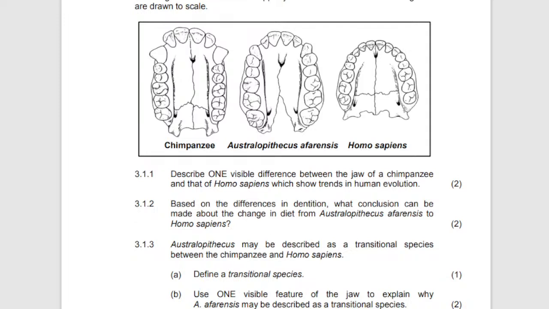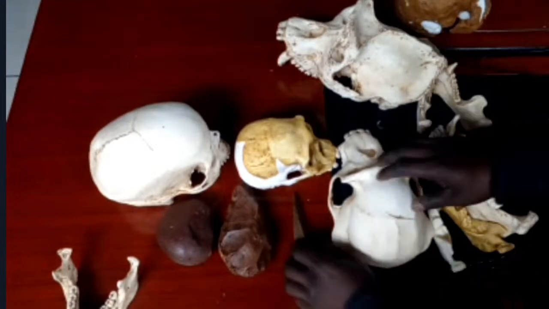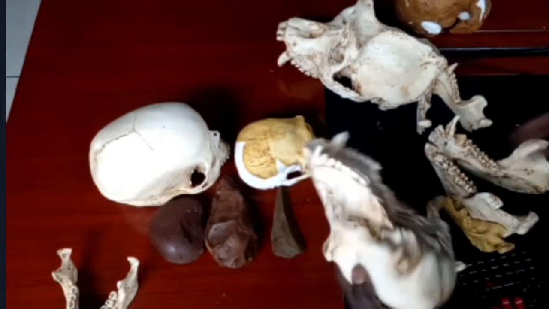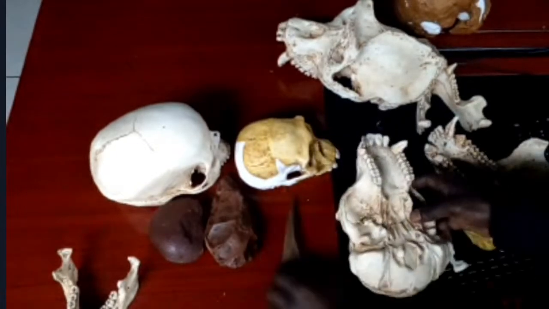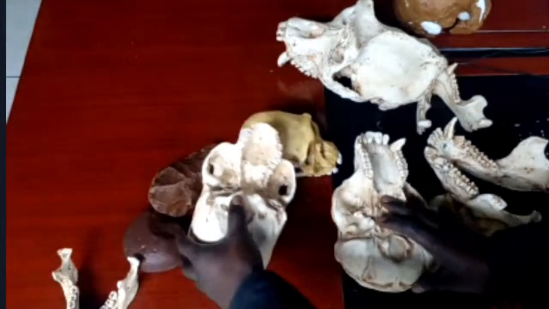Let's go back to our chimpanzee here, and then we see. Let's see if we can explain it. Chimpanzee is here, and then human is here, and then Australopithecus afarensis.